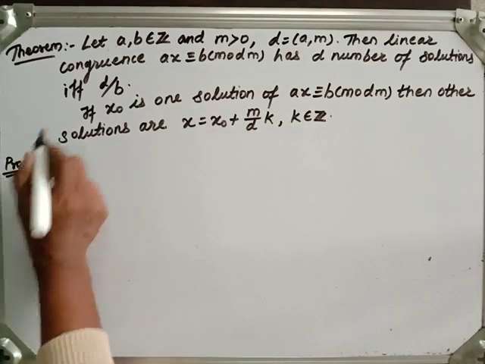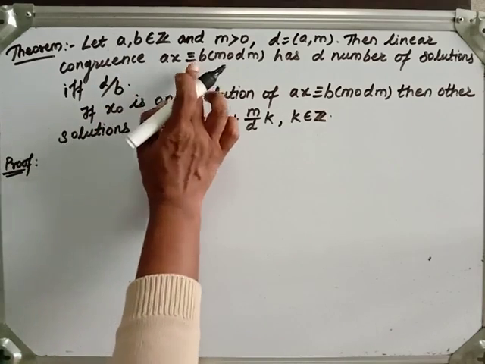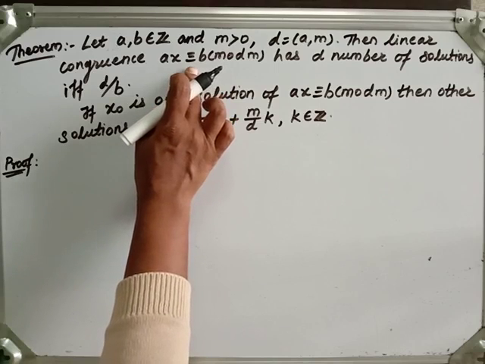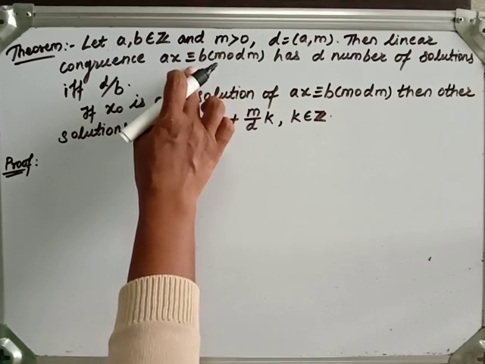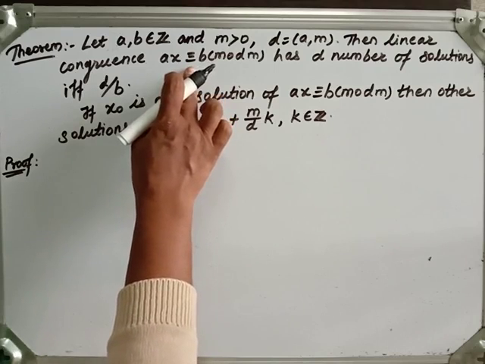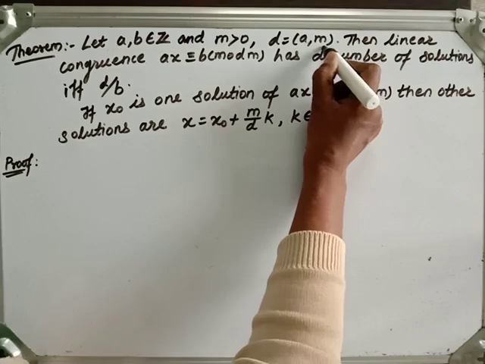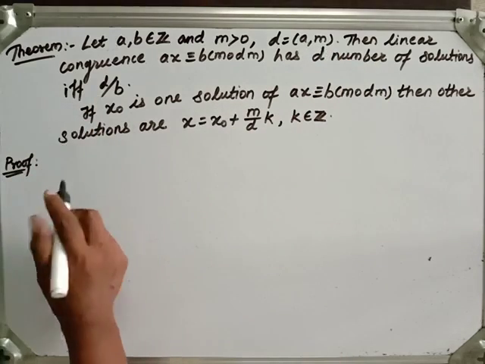Now here it is if and only if, so both way implication. First of all, this one should be given to us. Suppose ax congruent to b modulo m has a solution, say x naught, and we will prove d divides b. Fine.